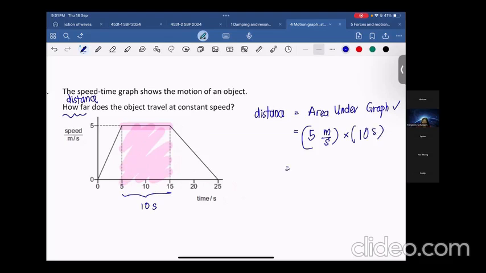So can you see that? 50. What is the unit? Second and second we can cancel out. So it's 50 meters. We are measuring distance, so meter is the unit for distance. Is that clear, dear?